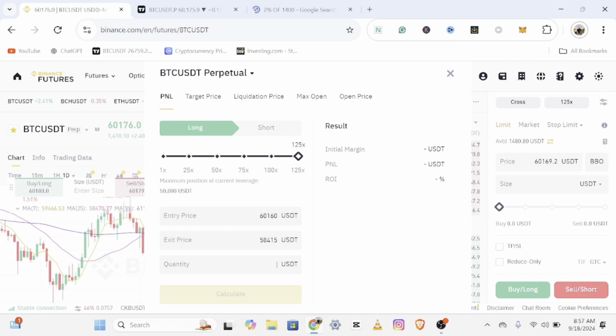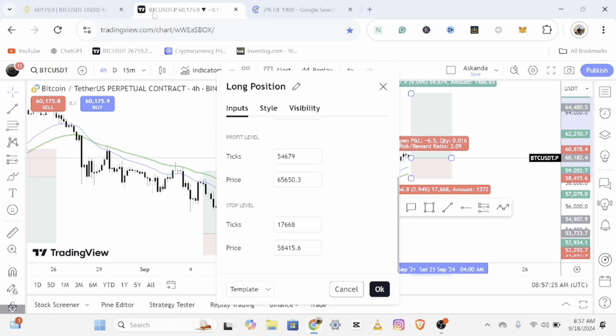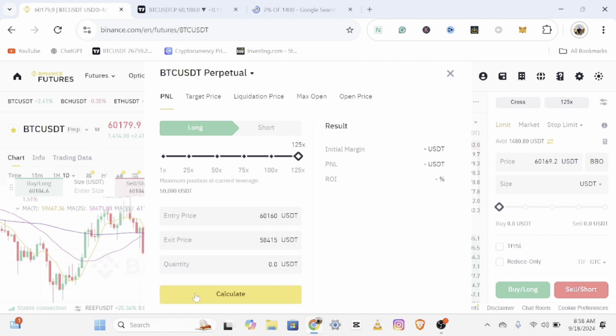So I can go for 0.016, right? We go back. Make sure this one is very important, so we need to calculate it accurately. So yes, 0.016. Okay, so you add it here.